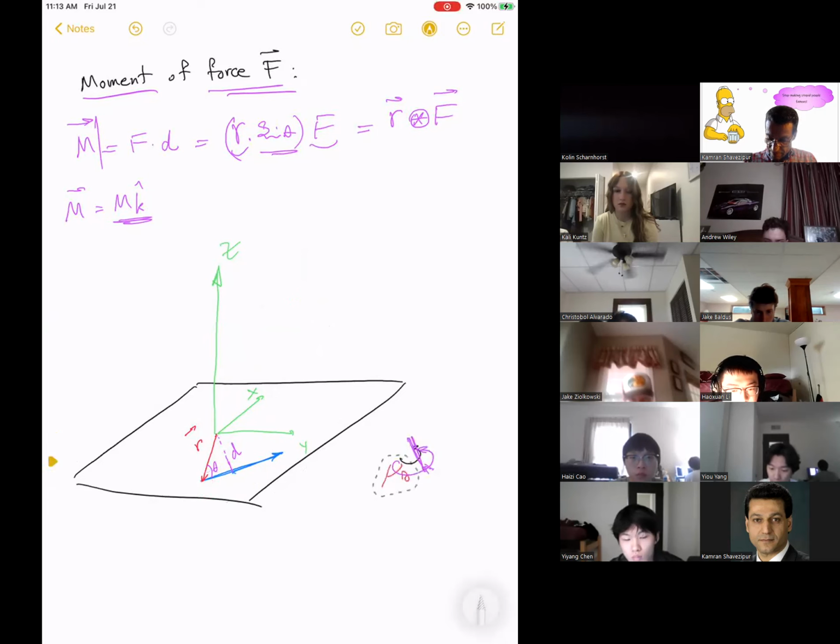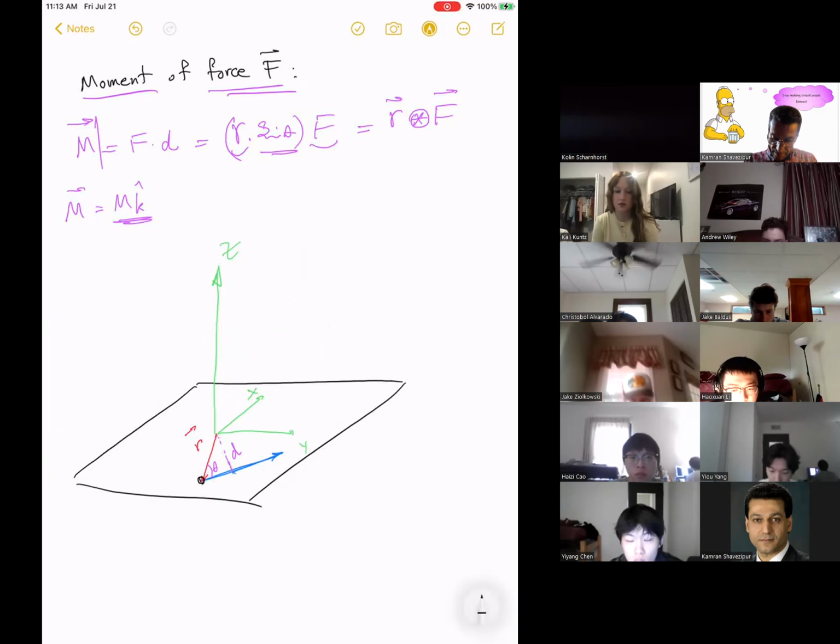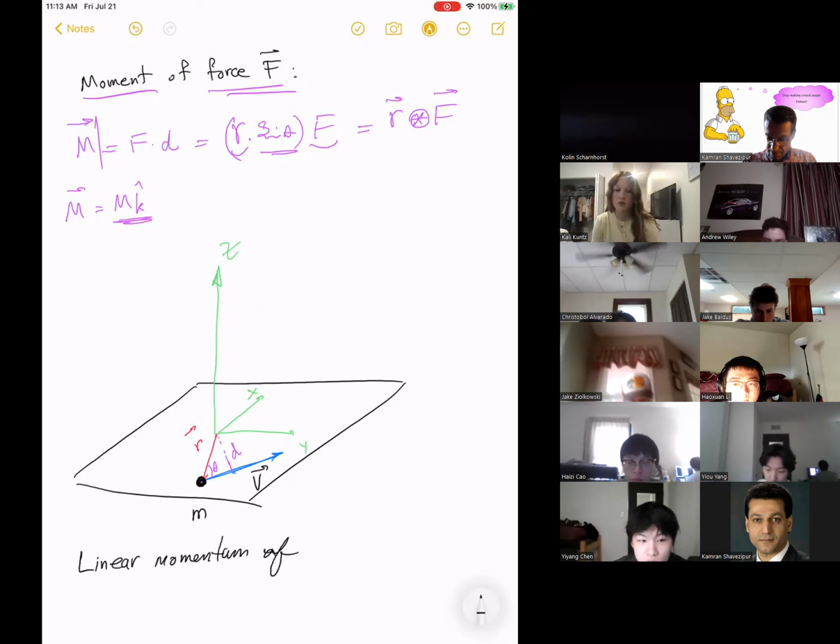Now, let's say we have a particle with a mass of m and a velocity of v, right? So the linear momentum of mass m will be what?